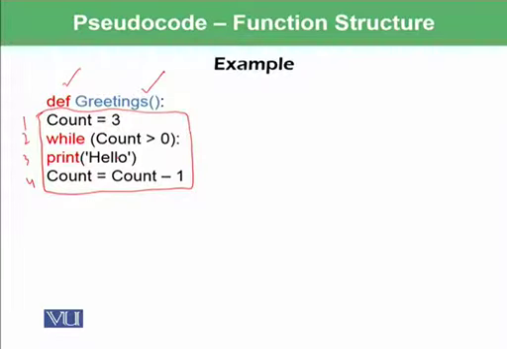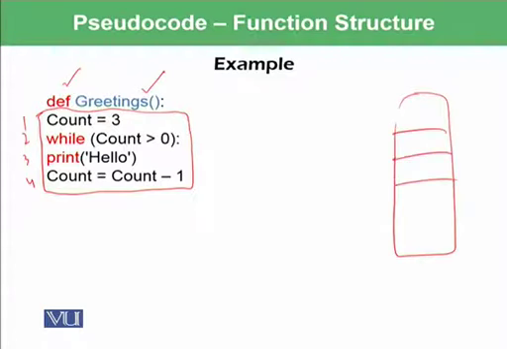What this will be doing: we have a RAM and we have a count somewhere in the RAM, and that has a value 3. It is checking while count is greater than 0. Yes, 3 is greater than 0. So print hello; hello is printed on the screen, and then count is assigned count minus 1, so this count becomes 2.